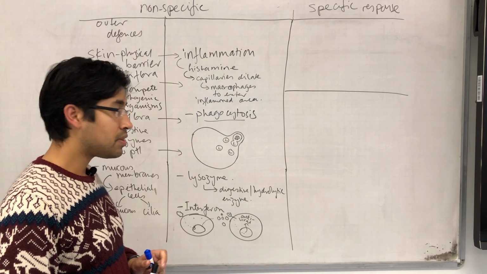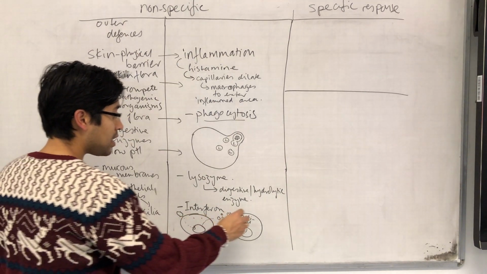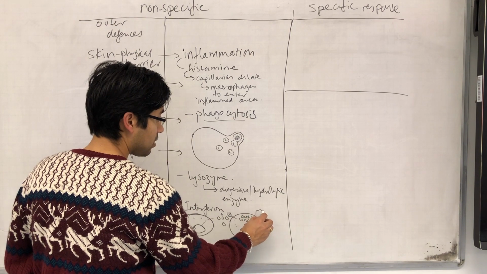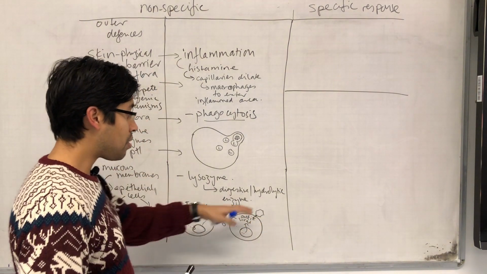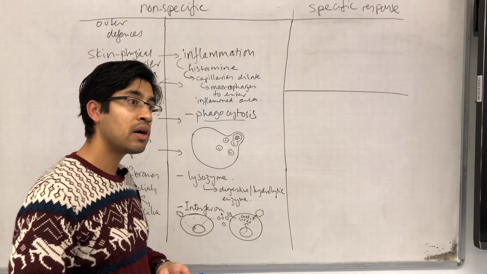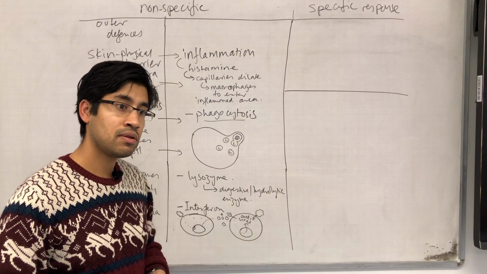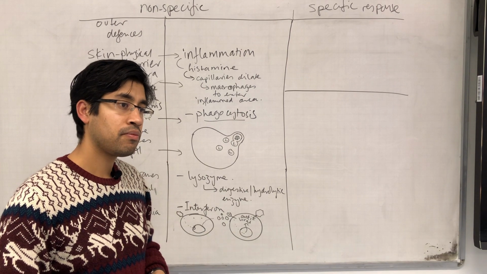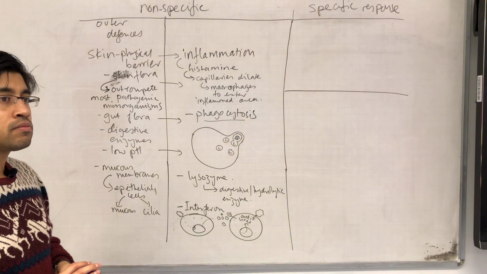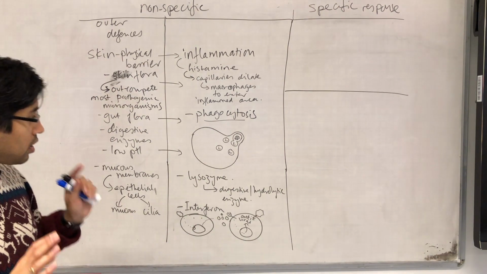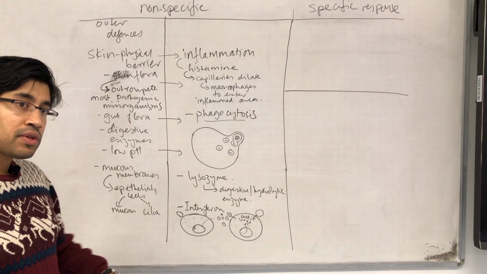Yeah? And these antiviral proteins, then even if this cell does get infected by a virus, the virus can't replicate because of the presence of the antiviral proteins in that cell. Okay? Any questions on that?